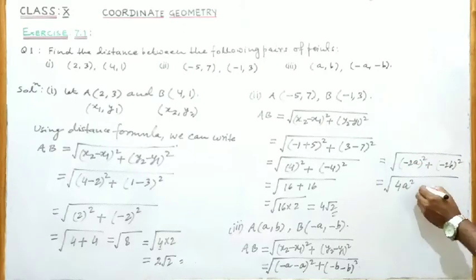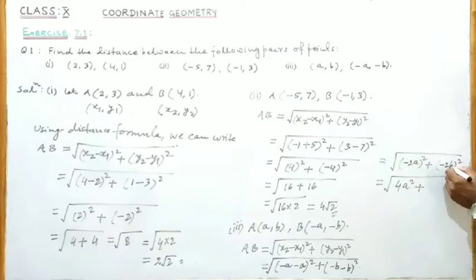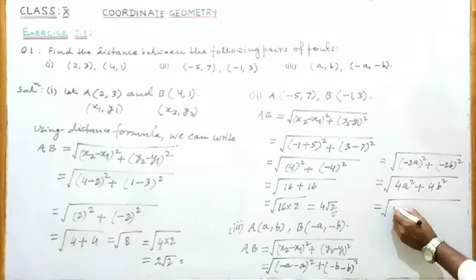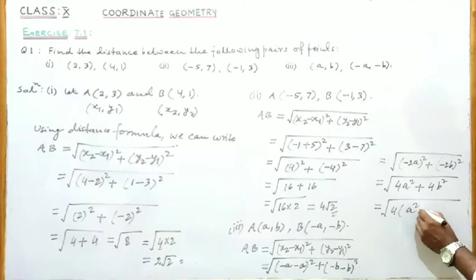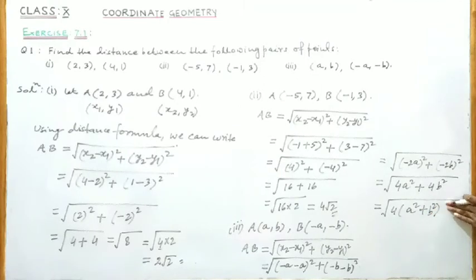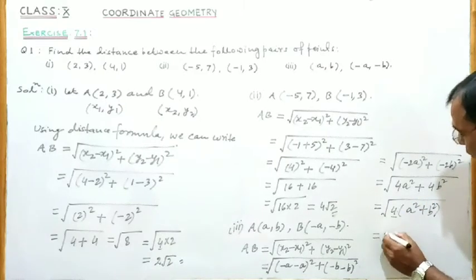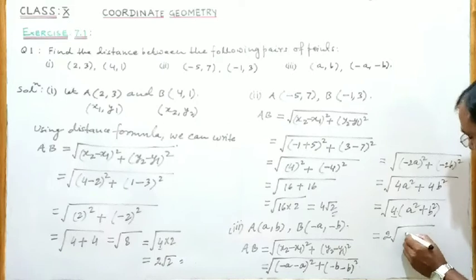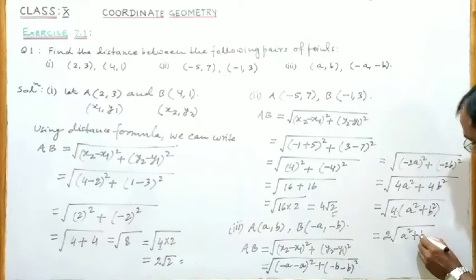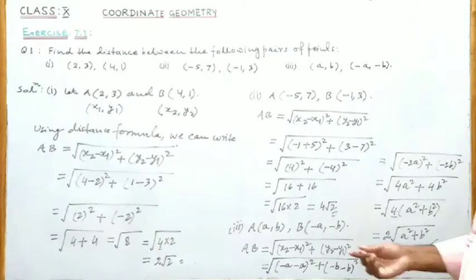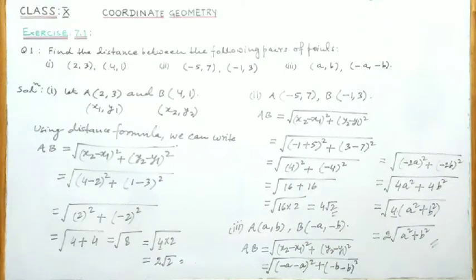Minus square becomes plus. (Minus 2B) whole square, 4B square. Here also minus whole square has become plus. This can be written as 4 into (A square plus B square). This 4 is perfect square, so square root of 4 is 2 under root (A square plus B square), and this is the required distance between two given points (A, B) and (minus A, minus B).